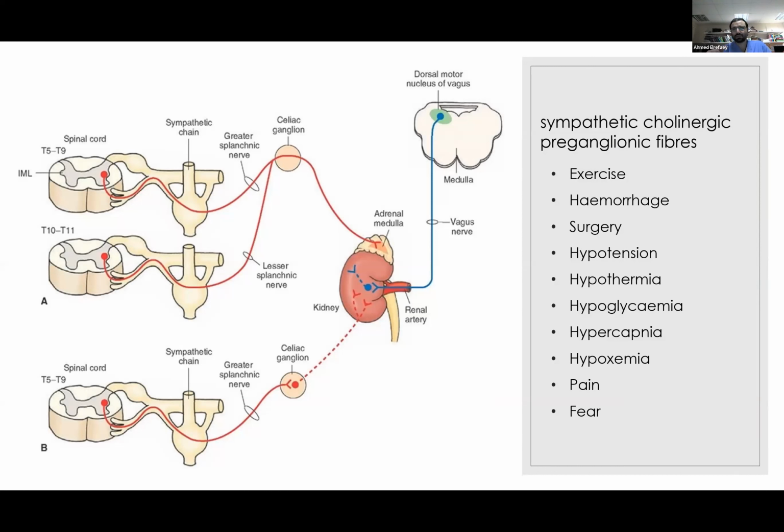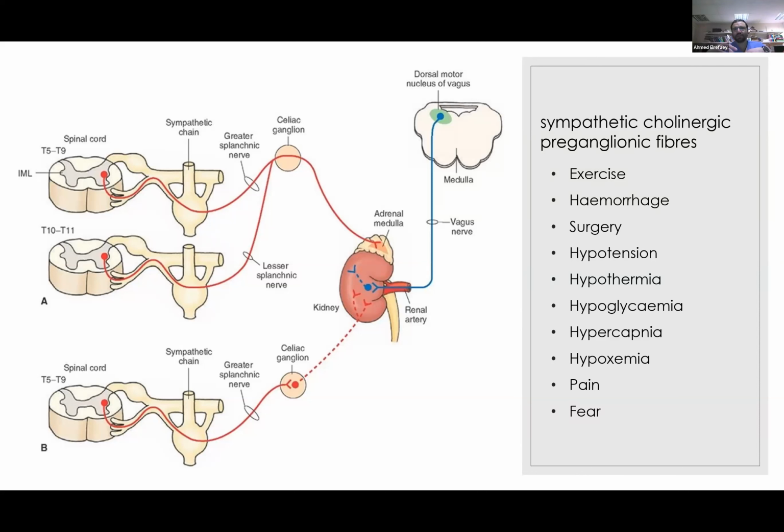So they stimulate the adrenal medulla to excrete its contents of adrenaline and noradrenaline. And this stimulation can happen because of many things like exercise, hemorrhage, surgery, hypertension, hypothermia, hypoglycemia, hypercapnia, hypoxemia, pain, and fear.